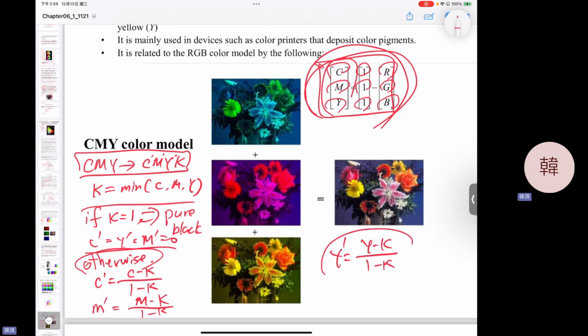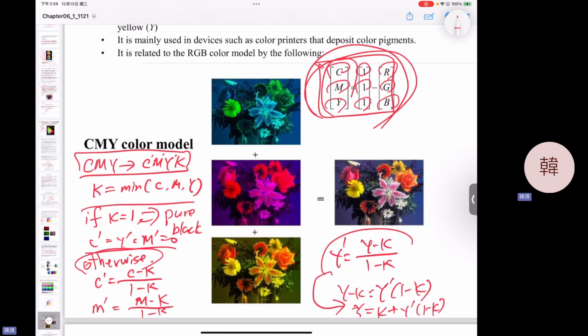Just do this: Y' times 1 minus K, and then Y equals K plus Y' times 1 minus K. So from here you can get this one. Actually, these are three different systems, and you can change them around.